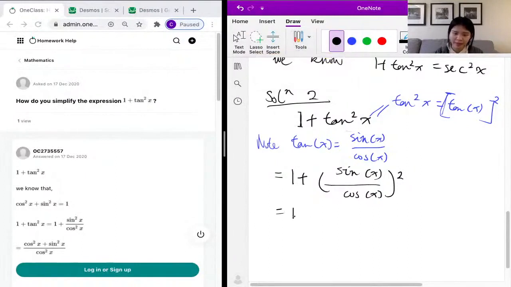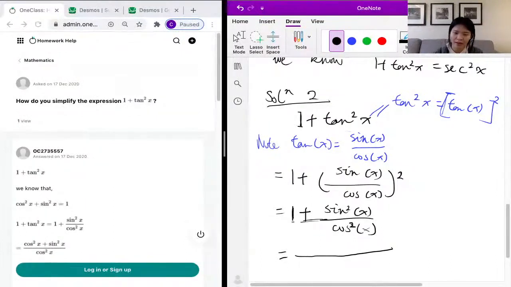So there's nothing really confusing about it. Okay, so now let's just pull the square inside. So we have sine squared x over cos squared x, and now we have an integer plus a fraction. So usually our next step is finding the least common multiple between 1 and the denominator of this fraction, so you can add those two up.